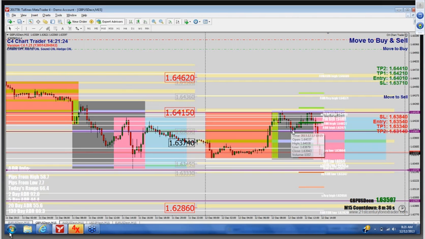So, once we have a level of support and it's broken, it becomes resistance. And we haven't retested this level yet. So what I would do is look to sell off of here. If we can retrace back to this level, we'll look to park a sell there and just keep our risk pretty tight.